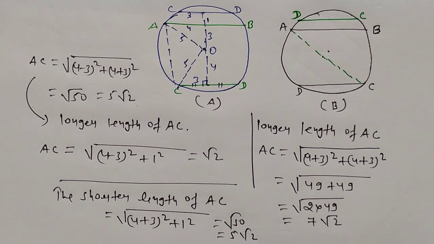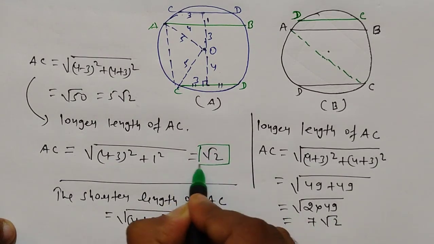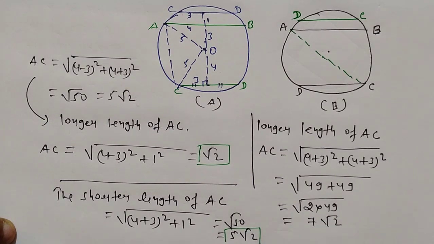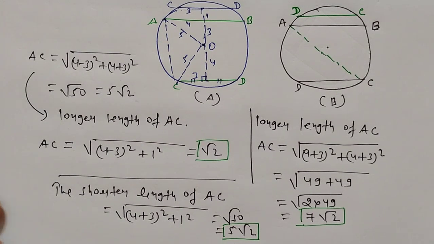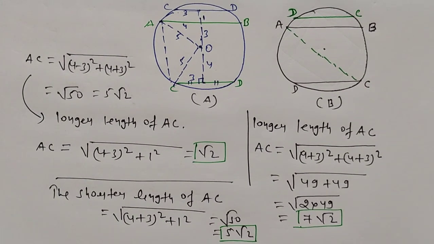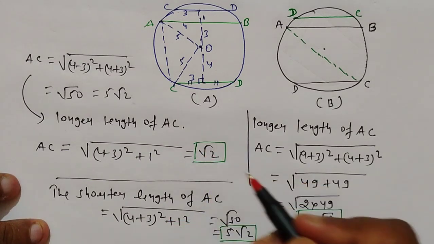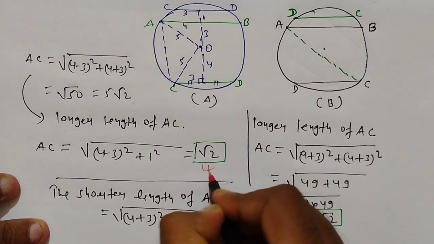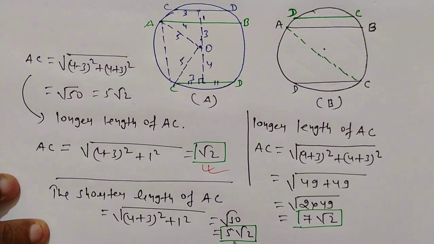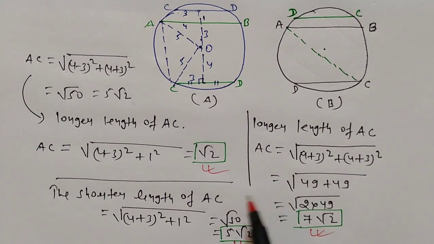This is root 2, 5 root 2 and 7 root 2. So we have basically three possible lengths of AC here.